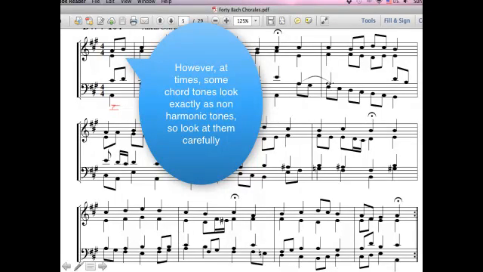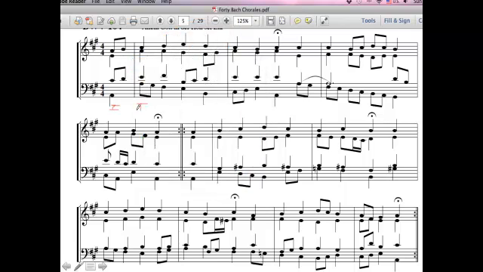It's still a 1, A, C sharp, E, so I put that on. Now, what are these notes going to be? They look like passing tones to me, because this one is going from here to here, and this one is going from here to the B. So it's stepwise motion in the same direction, so they look like passing tones.